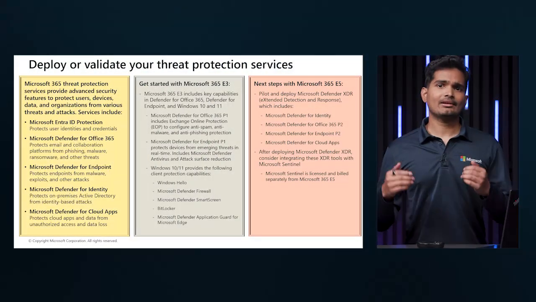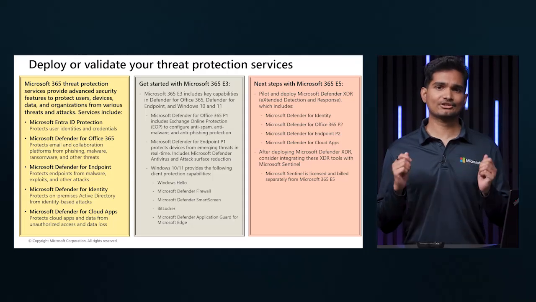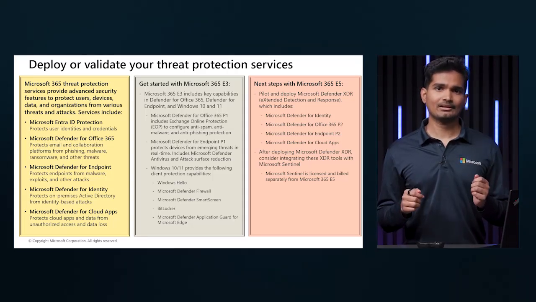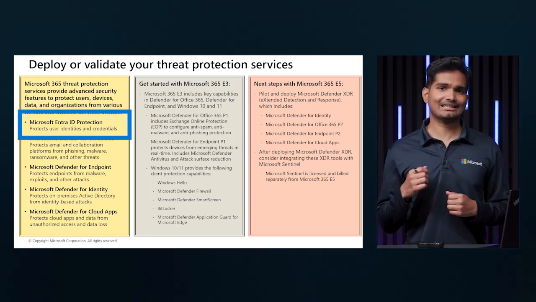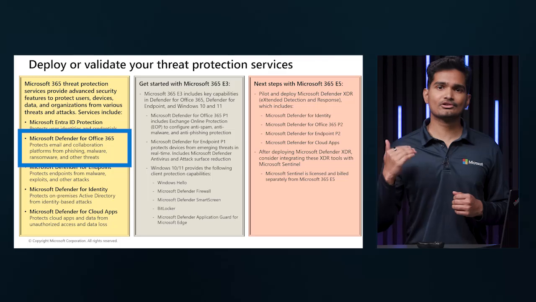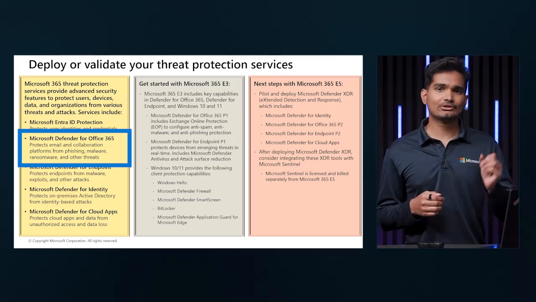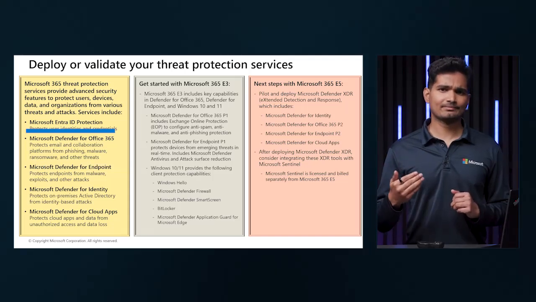Let's take a look at the different Microsoft 365 threat protection services that are available. Microsoft Entra ID Protection, which safeguards user identities and credentials. Microsoft Defender for Office 365. It shields email and collaboration platforms from phishing, malware, ransomware, and other threats.